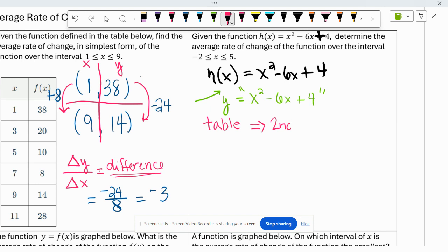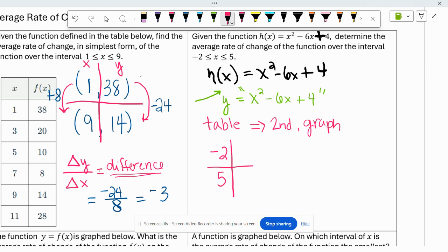Second graph. So when I go to second graph, I need to find out what my output is when x is -2. And I need to find out what my output is when x is +5.